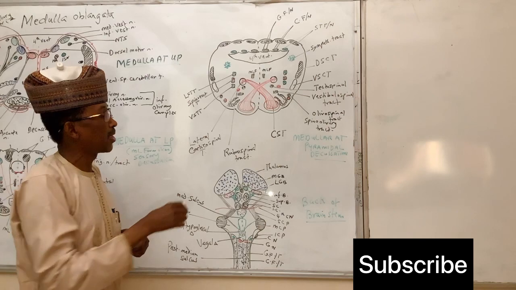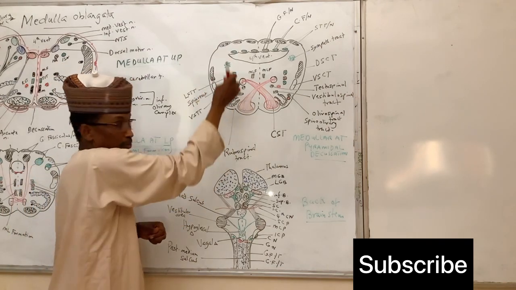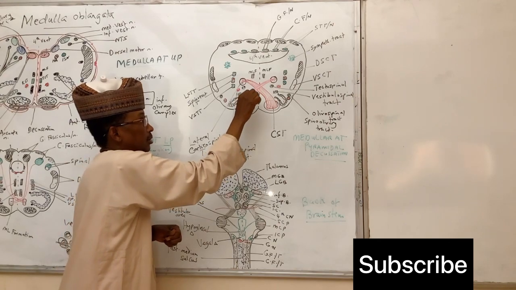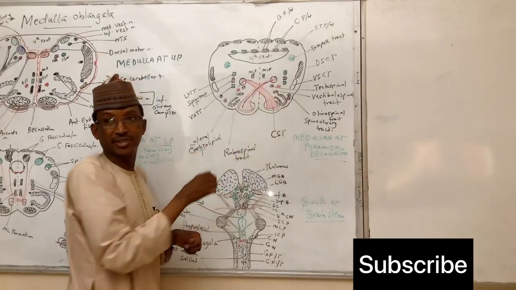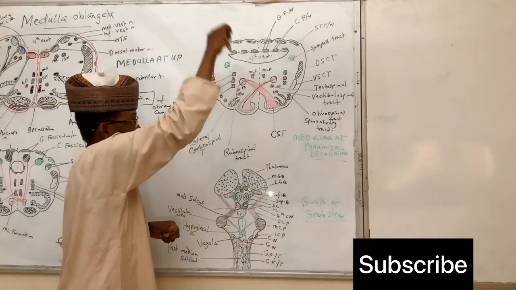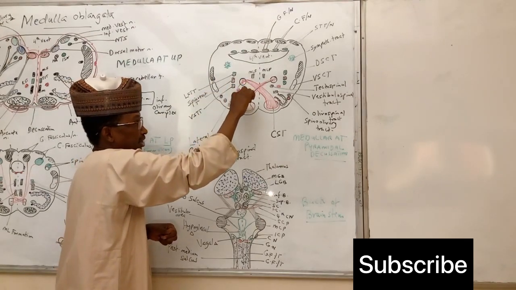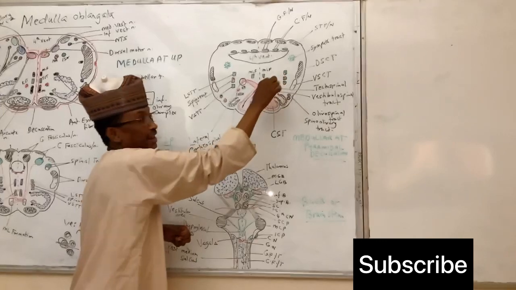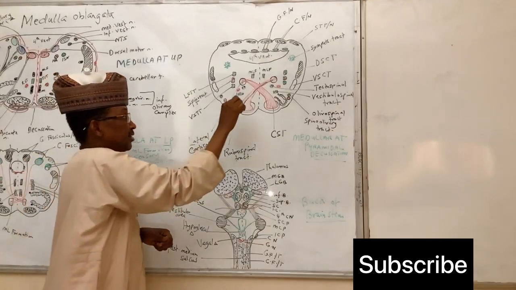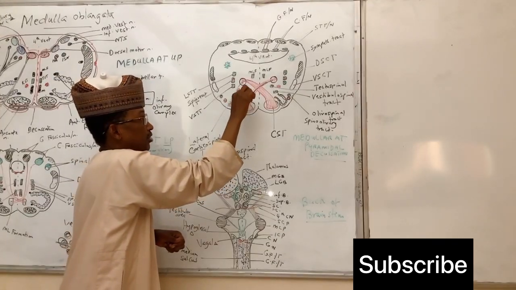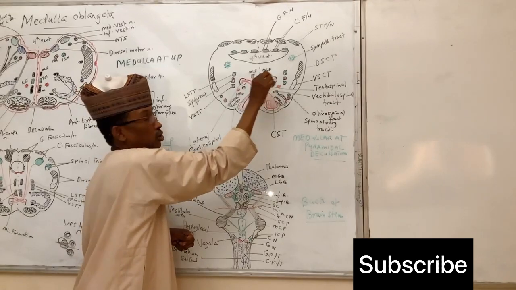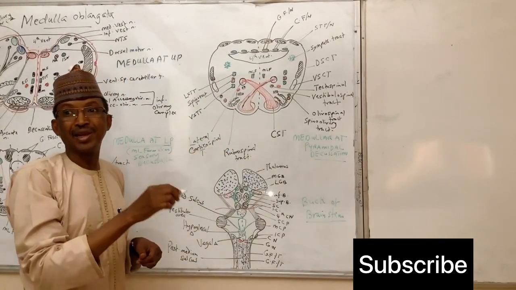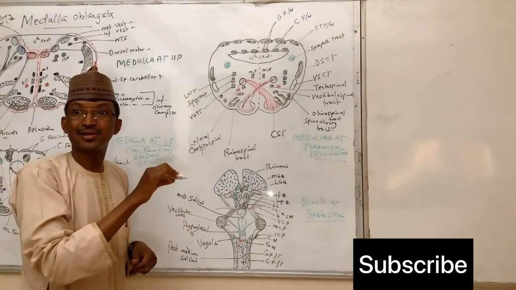So at the level of this medulla oblongata, these fibers, as they descend from above, now go backward to the opposite side. They descend from above, and the fibers now bend. They have to go backward and then laterally to the opposite side, and then descend down as what we call the lateral corticospinal tract.